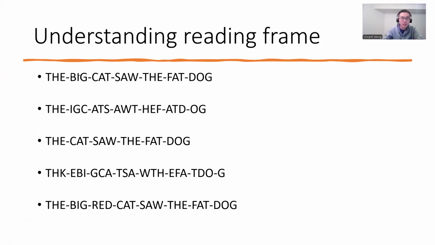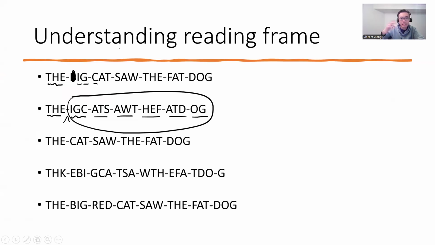However, if we delete the B here, then the sentence becomes THE, which is fine. And then the next 3 letters would be IGC. And then the next 3 letters would be ATS. And you see, everything after the point of deletion makes no sense anymore because we shifted the reading frame.